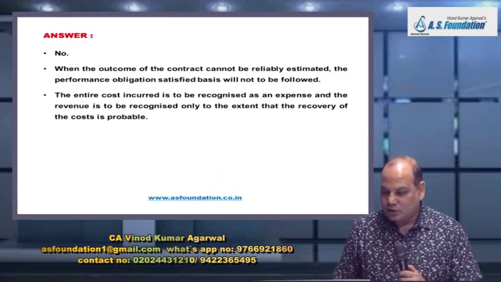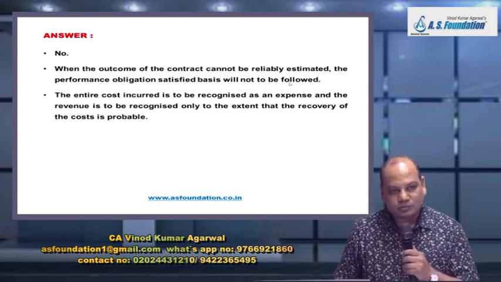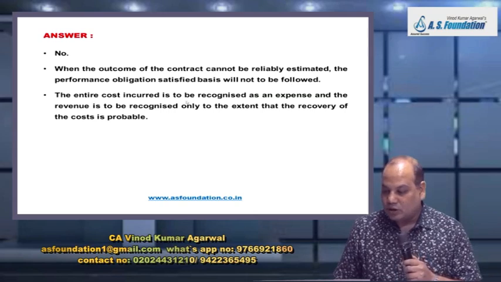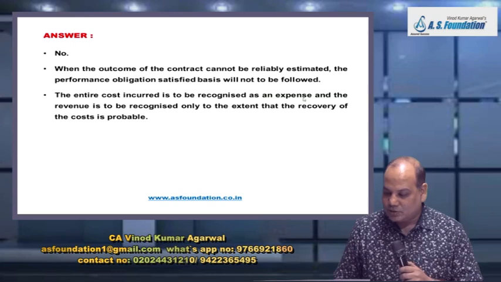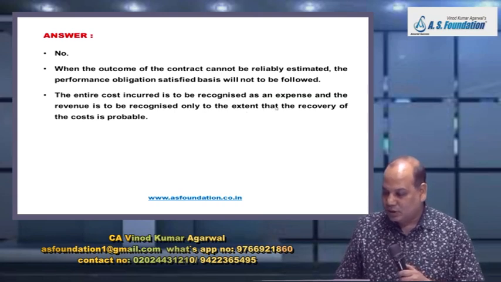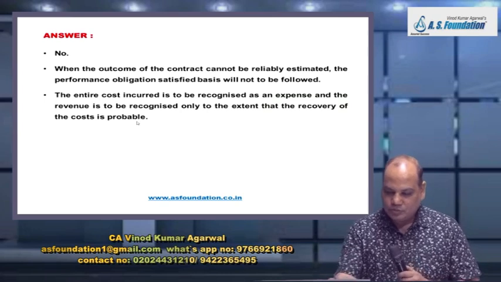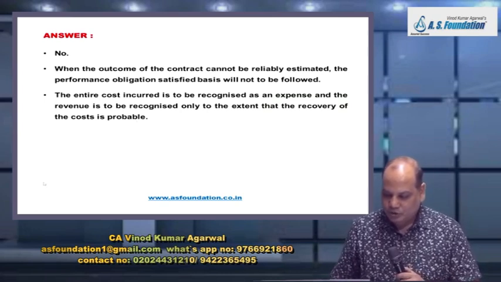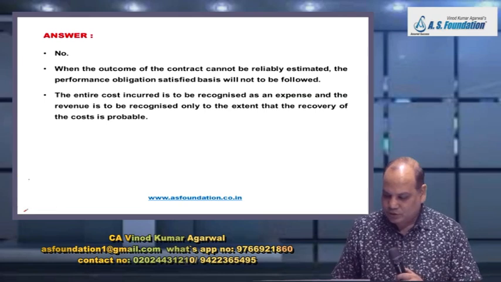So the answer is, when the outcome cannot be estimated reliably, the performance obligation satisfied basis will not be followed. The entire cost incurred is recognized as expense and the revenue is recognized only to the extent that the recovery of the cost is probable. So you tick mark this question because it discusses one of the provisions of the standard.